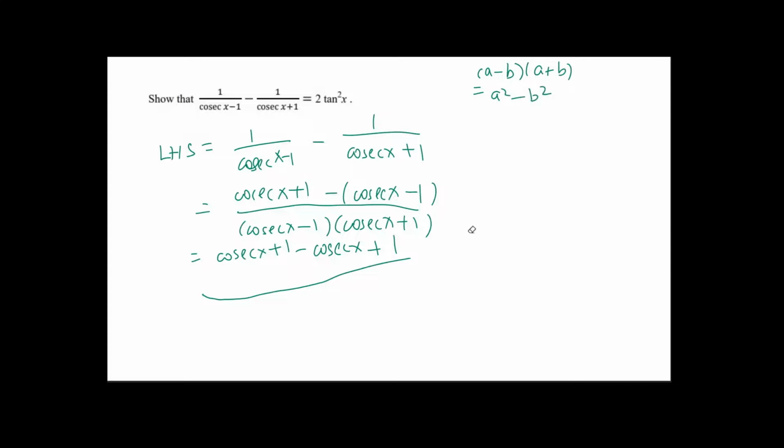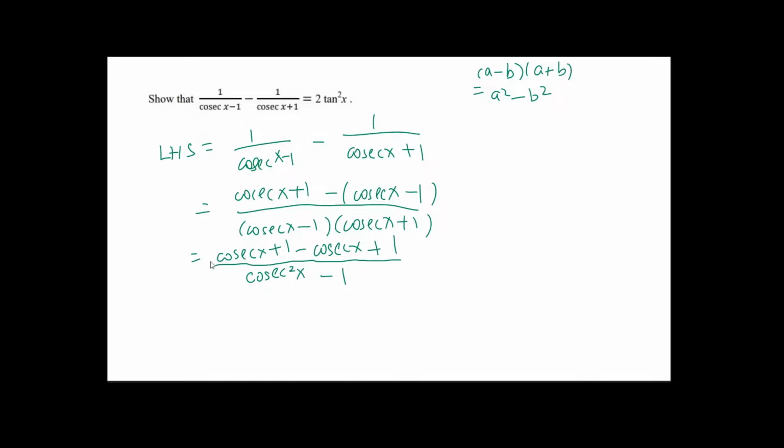So if I multiply these two together instead of expanding one by one, it is basically a squared minus b squared, where a is cosecant x and b is 1. So if I expand the denominator, I'll get cosecant squared x minus 1 squared, which is 1. Let me further simplify this.